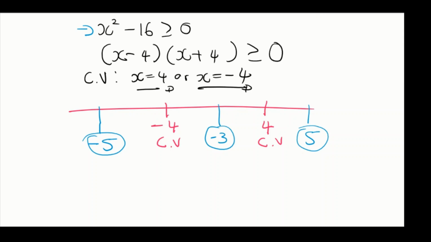You will find that when you substitute any value before the critical value, which can be minus 5, minus 6, minus 7, you're going to get a sign that is positive. Then if you substitute any value that is within minus 4 and 4, you're going to get a sign that is negative.